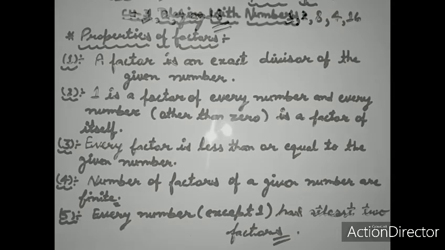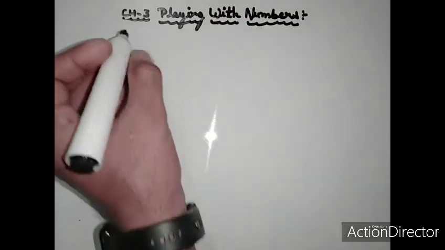Okay students, here there are two types of numbers that help us in making factors and differentiating the numbers: prime numbers and composite numbers. So what are the prime numbers?